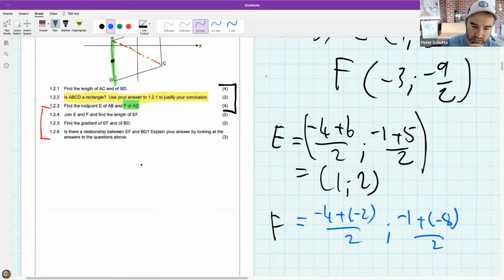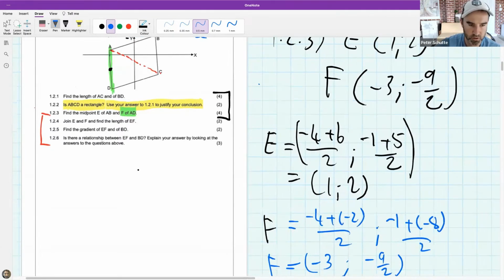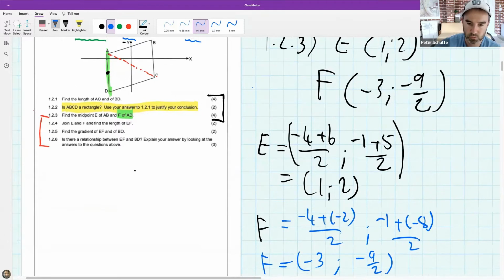If I clean that up a little bit, -4 -6 over 2, so -3. And then -1 plus -8 is -9, but it's -9 over 2. And so I hope that helps a little bit. So that's how I got my answers for E and F.